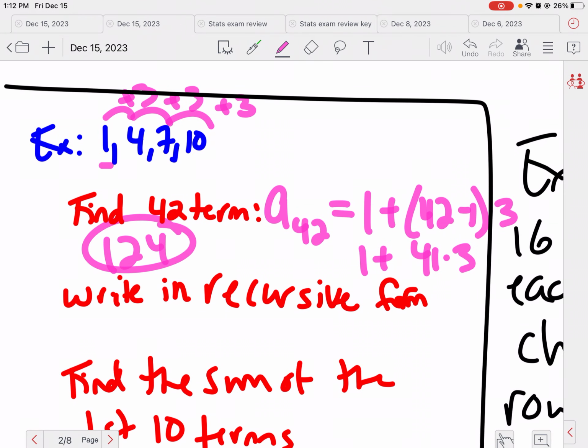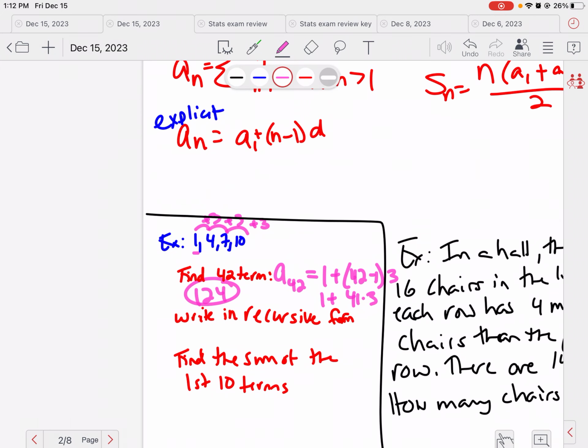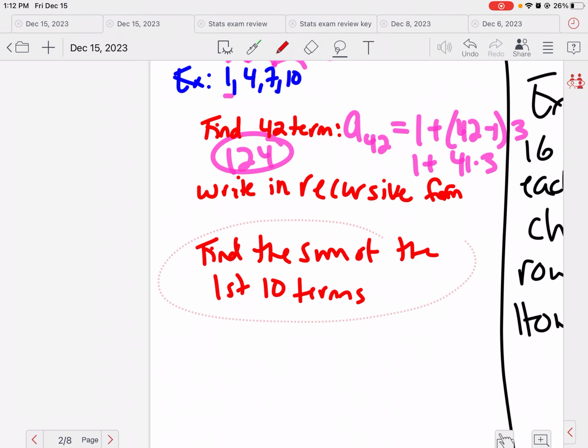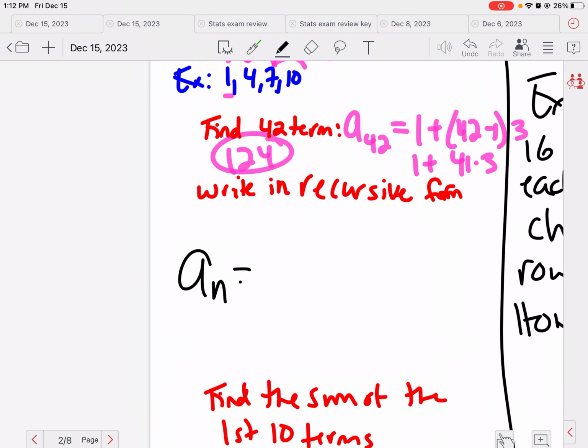You can just plug and chug that in the calculator. If I wanted to find my recursive formula, I just need to know my a1. So I would write a sub n is equal to my first term, which is 1, if n equals 1, okay?